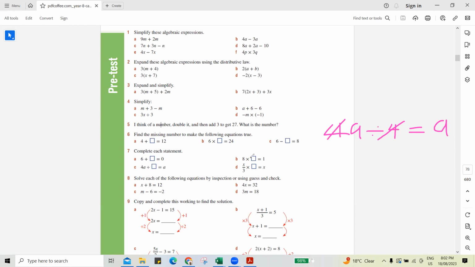Say this one, 8 multiplied by something, it becomes 1. What do you think? Can be what number? You try a number and see.